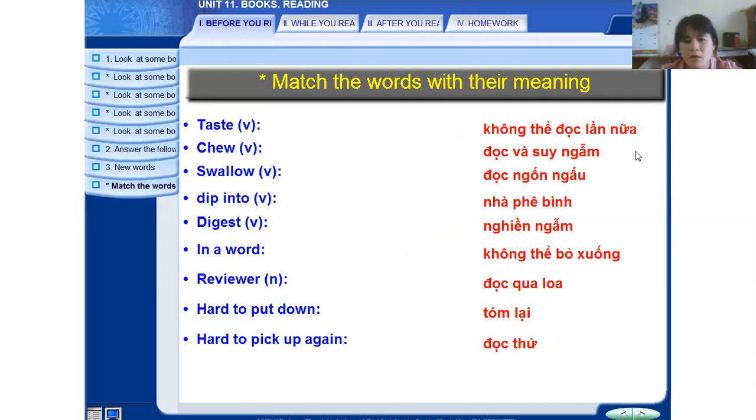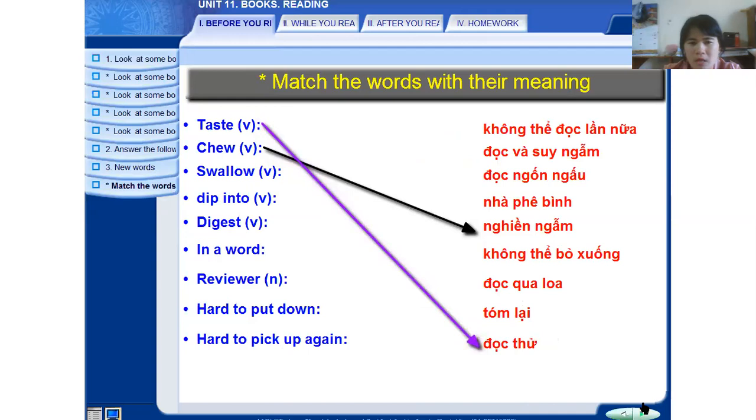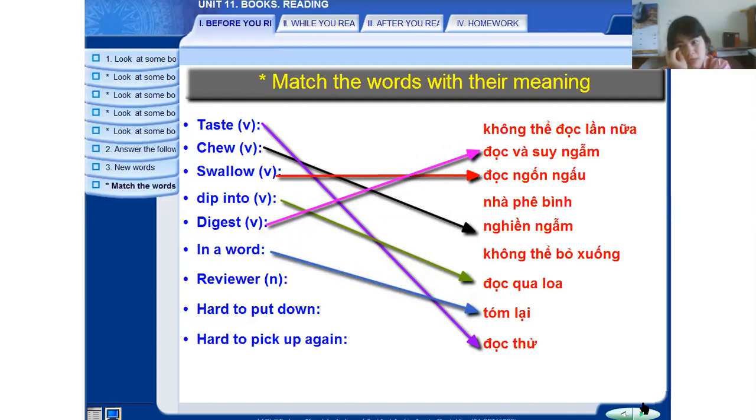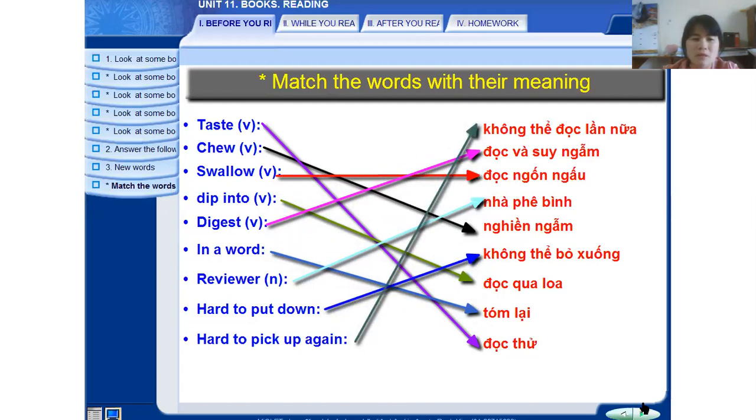You match the words with their meanings. Taste, swallow, dip into, digest, in a word, reviewer, hard to put down, hard to pick up again. Some words related to the topic.